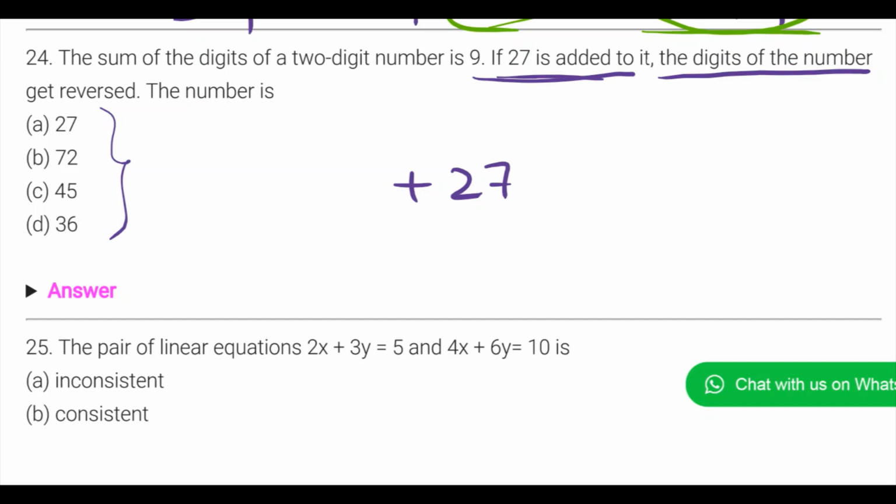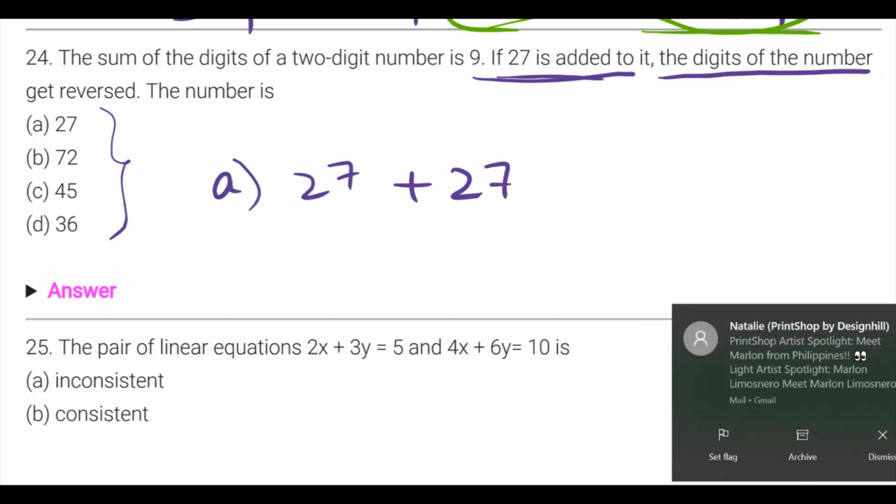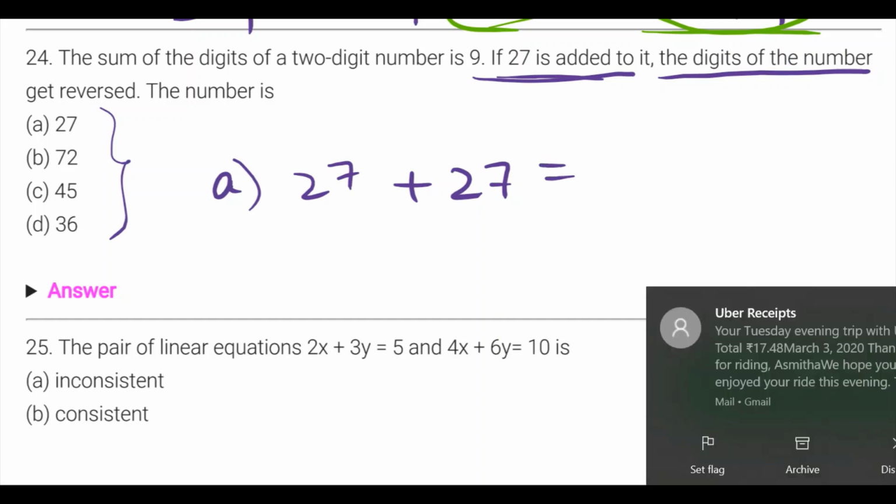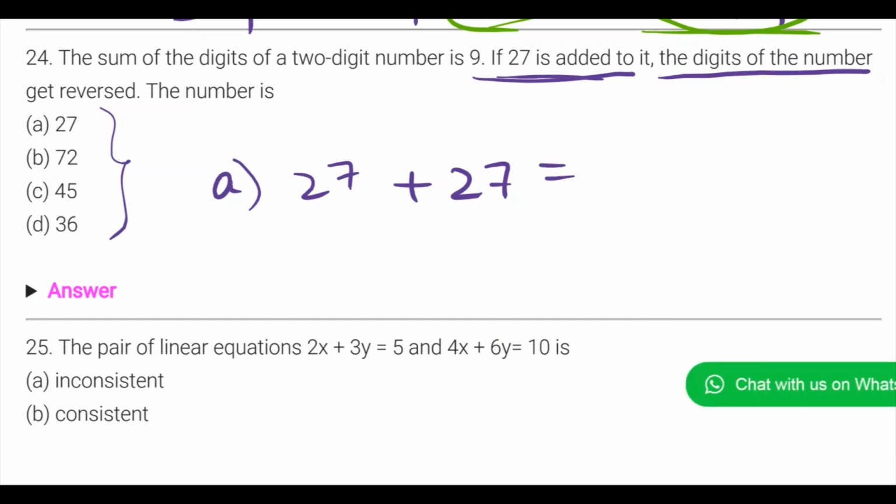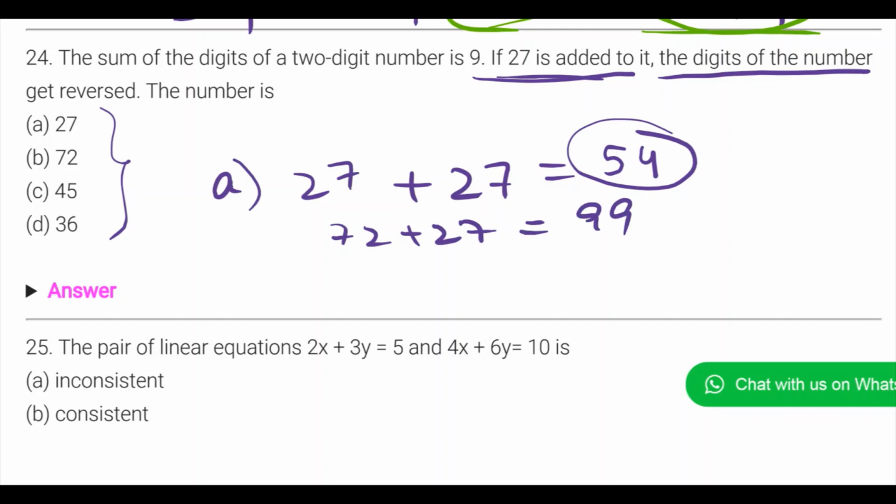If I add 27 to the first option, I'll get 27 plus 27, this is 54. So this is 27 and this is 54, no. And for 72, if you add 27, we will get 99, no. So option C is 45 plus 27.